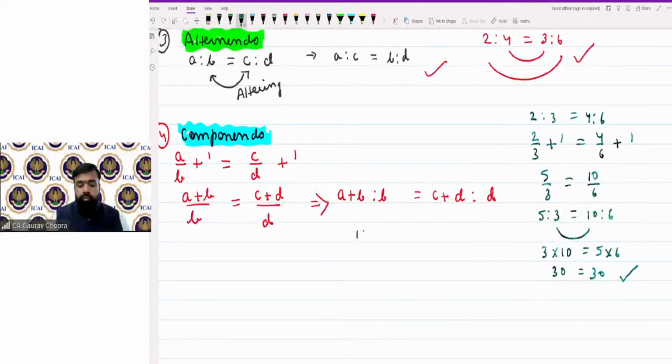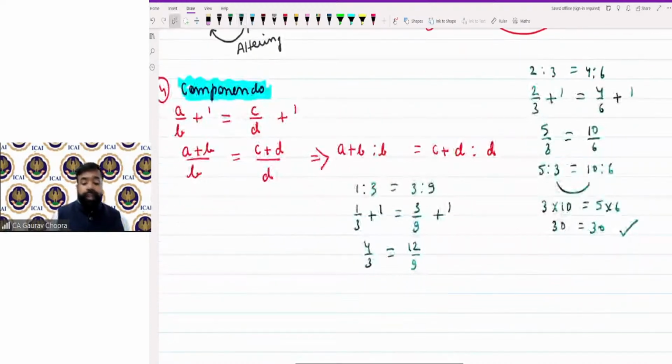Let's say 1:3 is equal to 3:9. So if we have to apply componendo here also, then how we will apply? 1/3 plus 1 and 3/9 plus 1. So it will become 4/3 and 12/9.